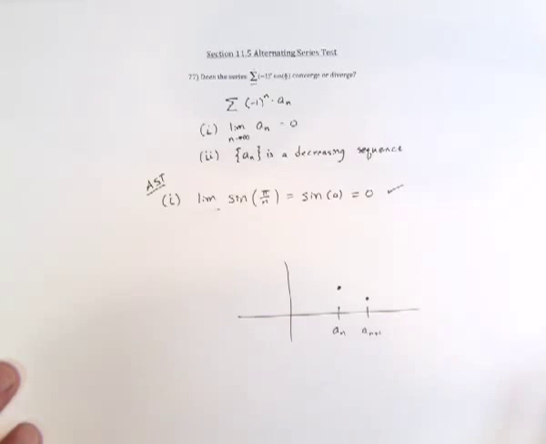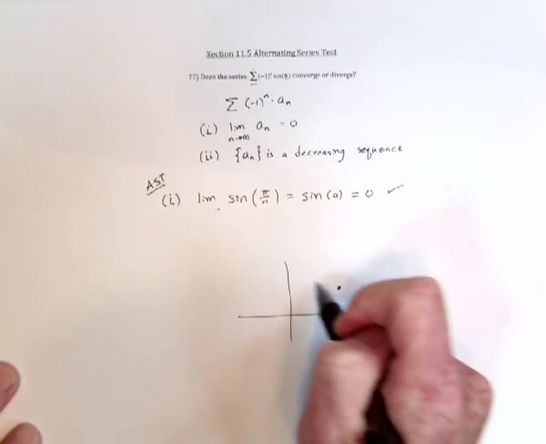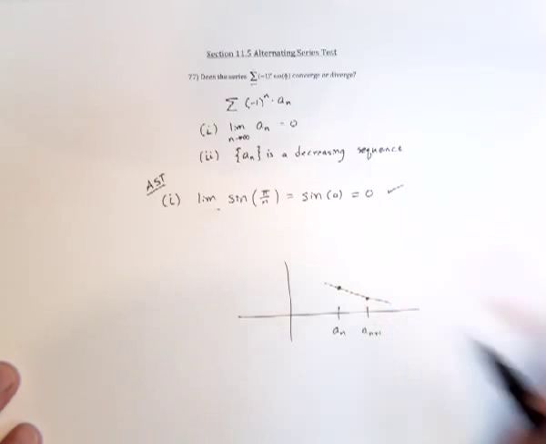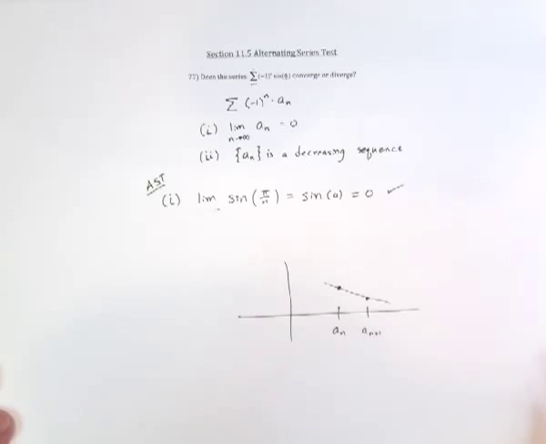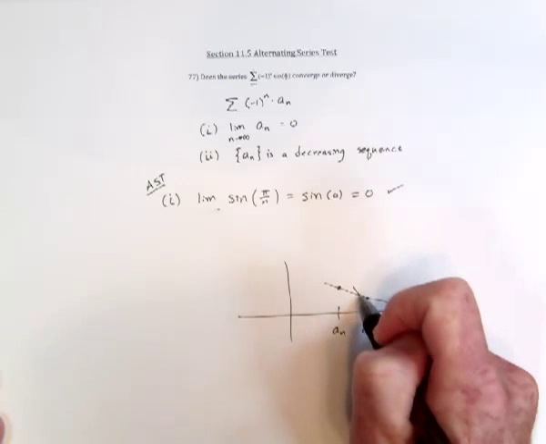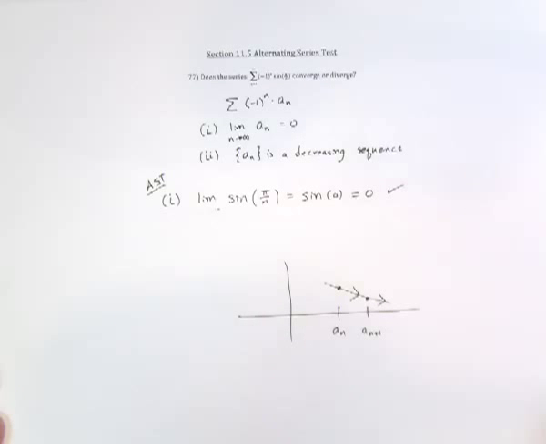Well, one way you could show it is, if it's going down, what's the derivative? The derivative is going to be negative. So that's one way to look at it. You've got a function where the slope of the tangent line is going to be negative. That's decreasing. That's totally Math 3A.